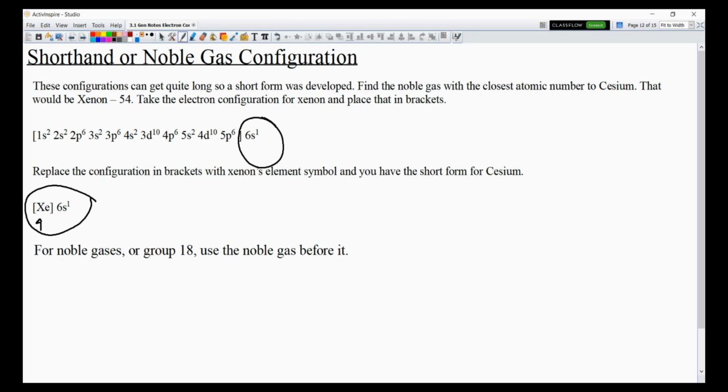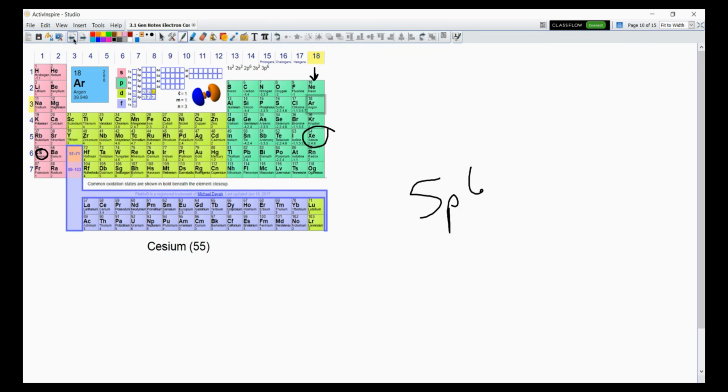Okay, so if you're trying to do an electron configuration for a noble gas, say we're trying to do one for xenon, what you're going to do is go to the noble gas that's before xenon. So here we would do krypton in brackets and then add on the rest of the configuration.